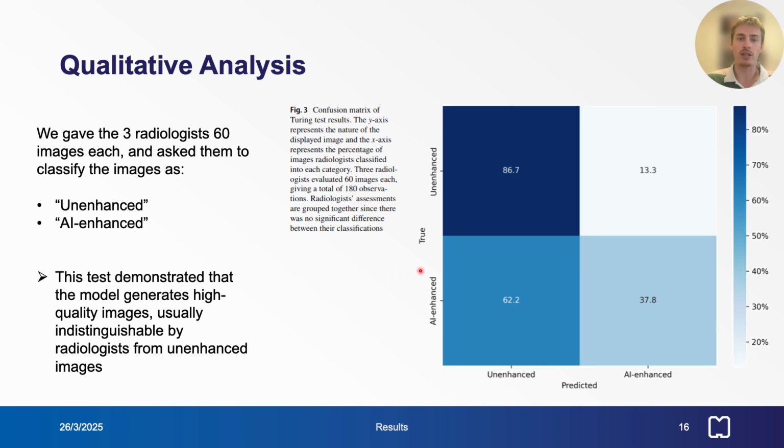Whereas when radiologists were given AI-enhanced images, they more often than not classified them as unenhanced. So this test demonstrated that the model generates high-quality images that are usually indistinguishable by radiologists from unenhanced images.